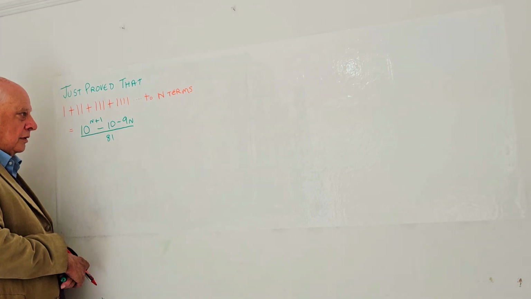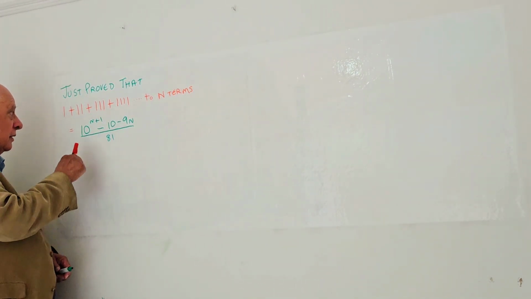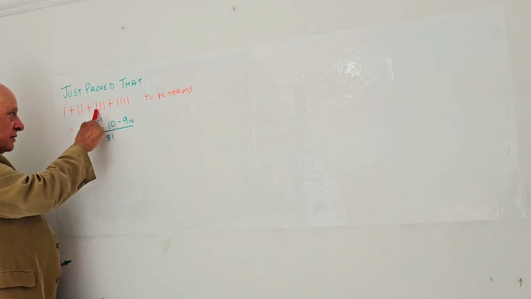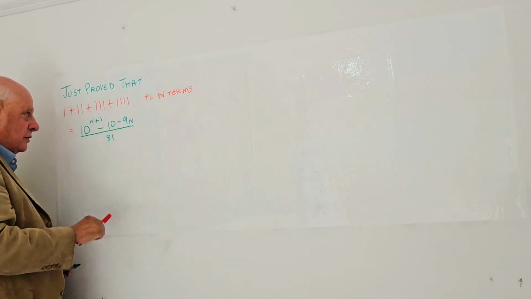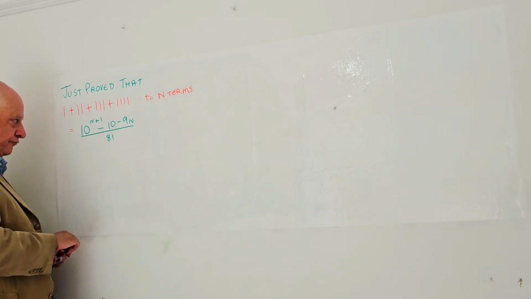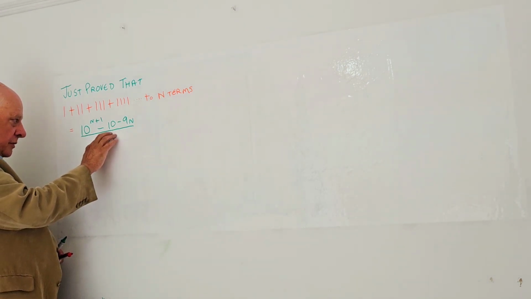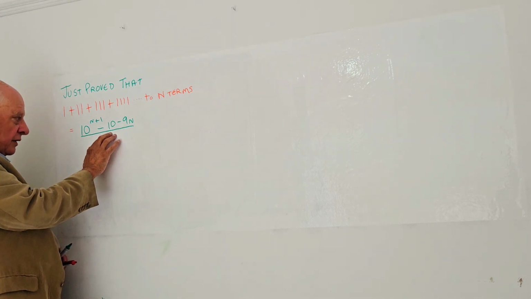Finished. All right, I've just proved that 1 plus 11 plus 111 plus 1111, etc., to n terms is given by this little formula here. So that suggests that the top of that is a number which is always, as long as n is a positive integer, divisible by 81.